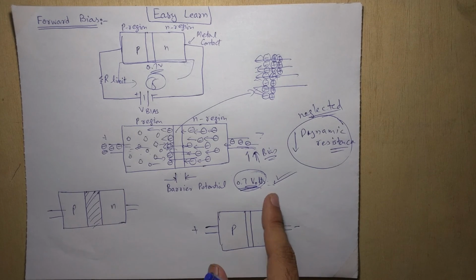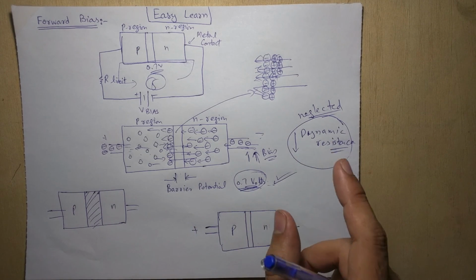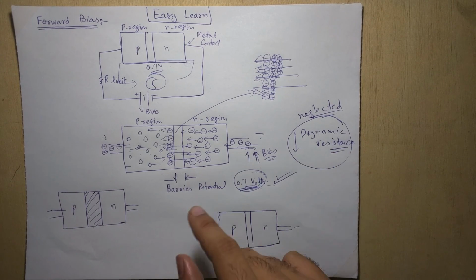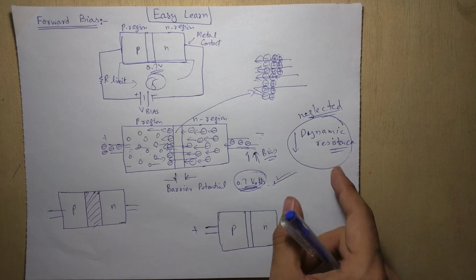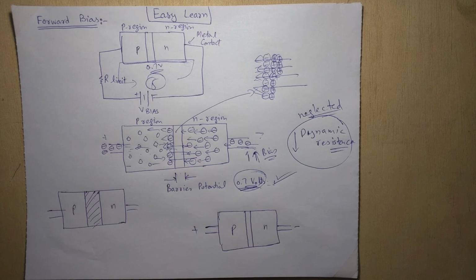I will focus on the 0.7 volts, and the very small dynamic resistance is neglected here, but we will focus on the dynamic resistance too in the coming episodes.